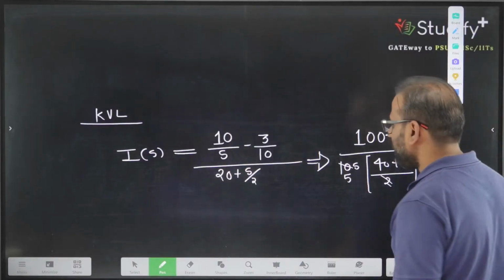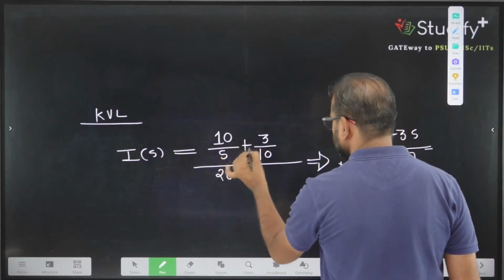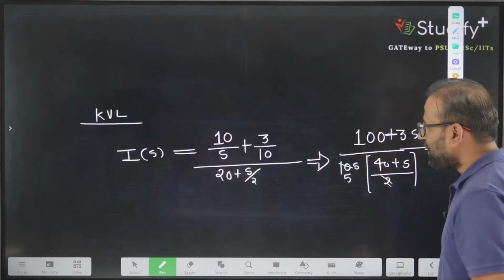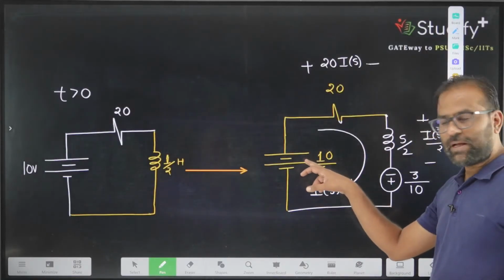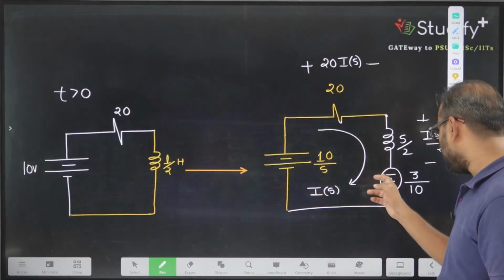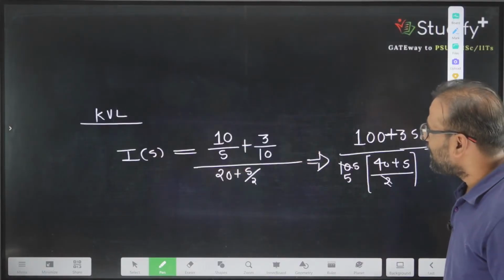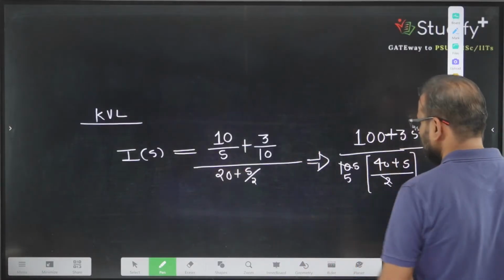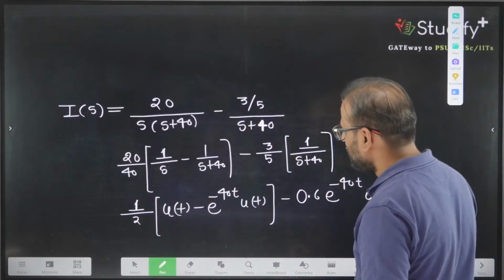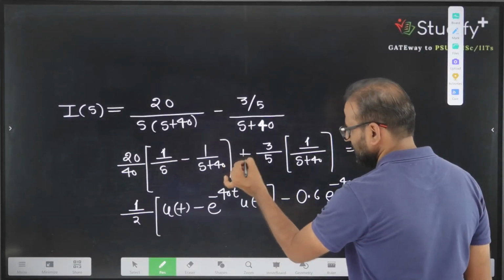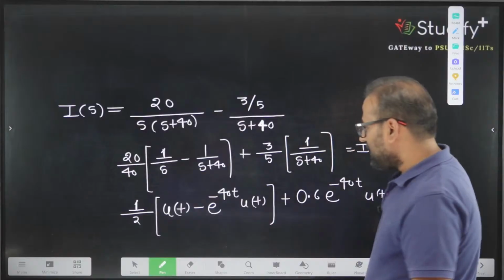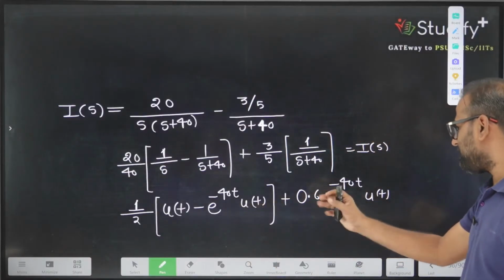Okay, we made one mistake here. It is plus. Here it is also plus, because we are writing higher potential minus lower potential. So higher potential minus lower potential will be a plus sign here. If you are using a plus sign here, a plus sign is also here. This is minus 0.5 and this is plus 0.6.